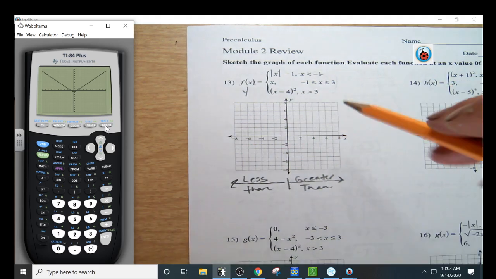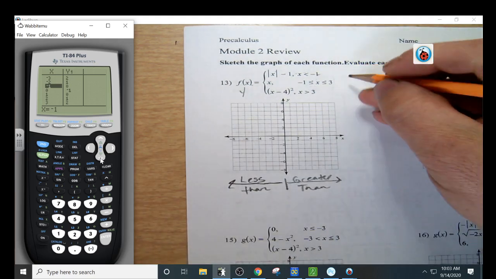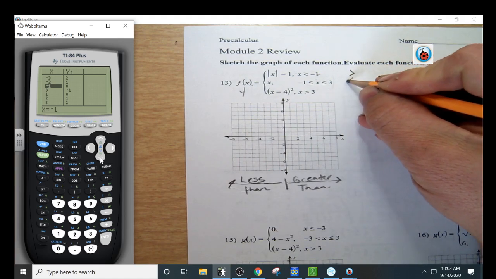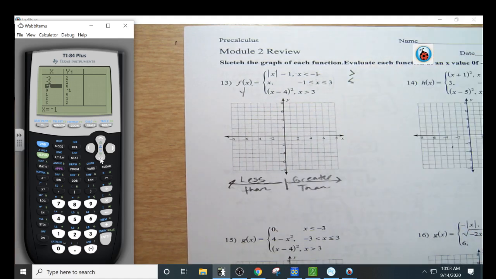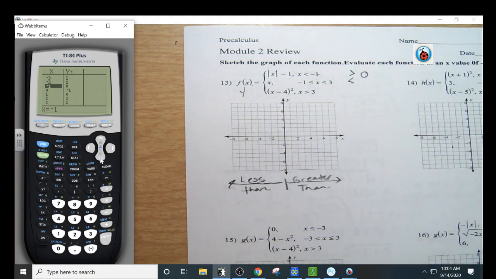So now I'm going to go to my table. It says when x is -1, y is 0. And guys, remember, if you have a greater than or less than without the equal to, the dot's going to be open.